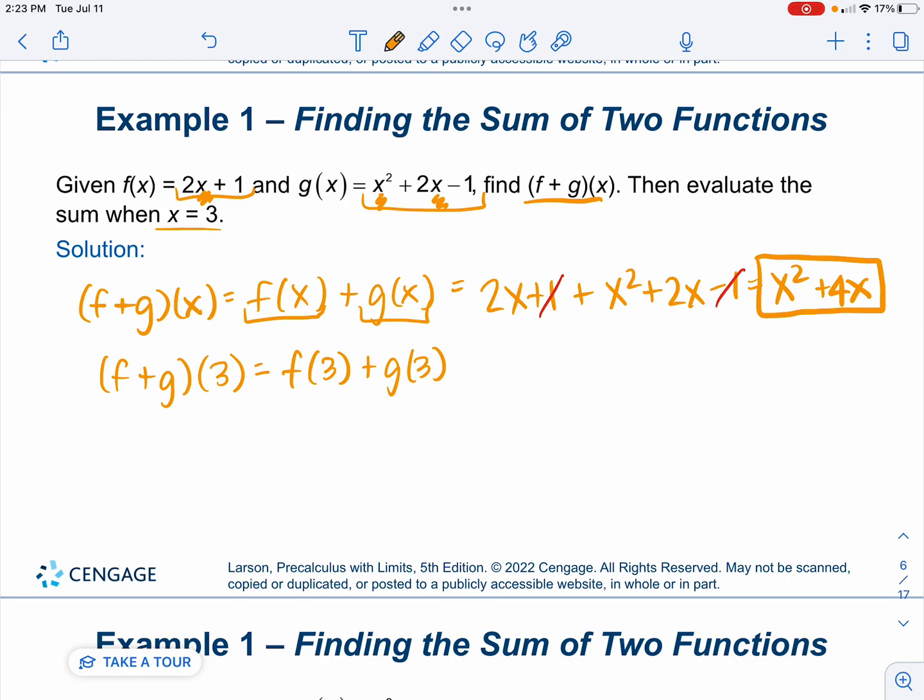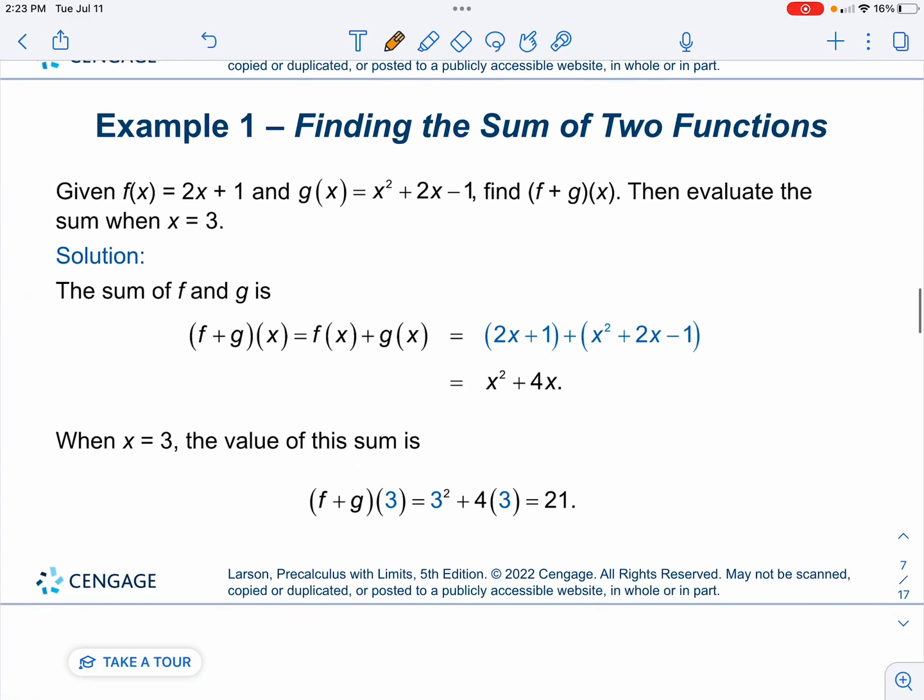Or since we already did f plus g of x and simplified, I'm going to plug 3 into the simplified version of the sum that I already have. So 3 squared plus 4 times 3. It'd be 9 plus 12, which is 21. Here's the typed out solution.